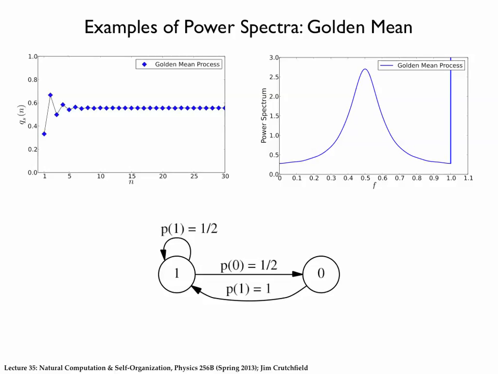And this is a period 2 process. It's a two-state machine, and so it does have a lot of period 2 character to it. So that's not completely unreasonable of an interpretation.